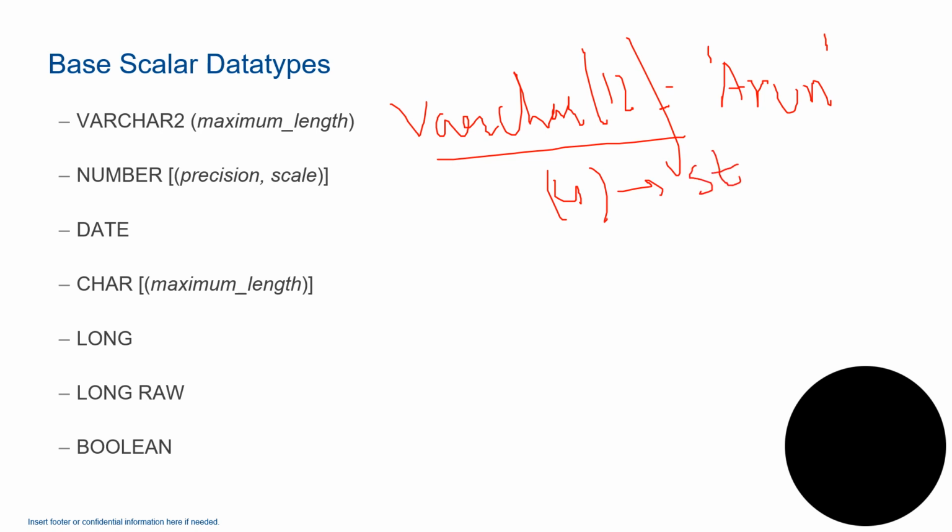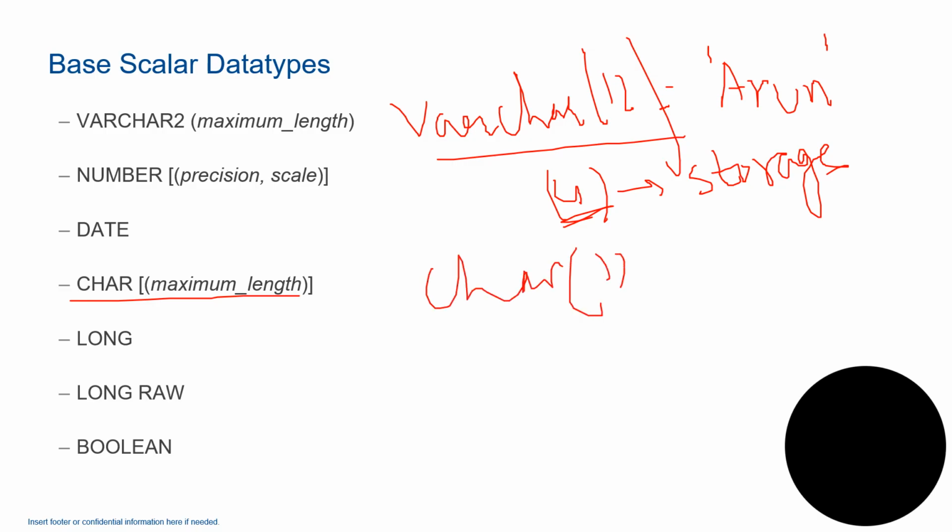My storage will not occupy any more space, only 4 spaces. But for a CHAR, if we give 12, then my internal storage will be 12. Okay, so this is the basic difference.